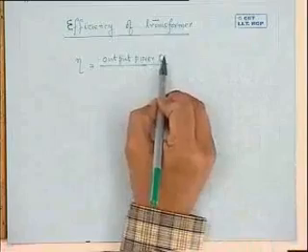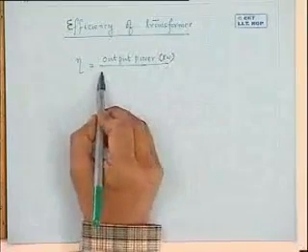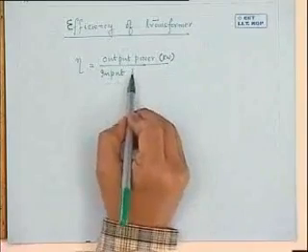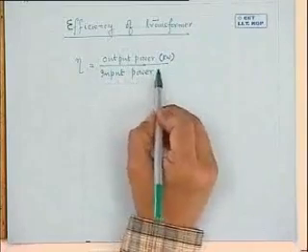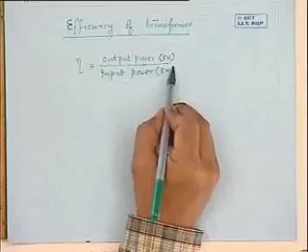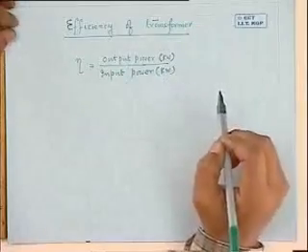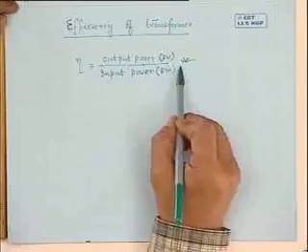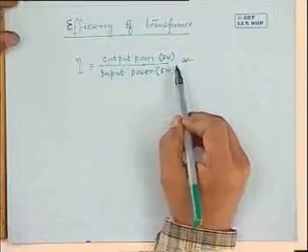Real power output, that is important. That is, say, some kilowatt. And total input power, that is also kilowatt. No question of kVA, etc. Don't be under the impression that efficiency will be output kVA by input kVA. It is kilowatt output. That way it is defined.